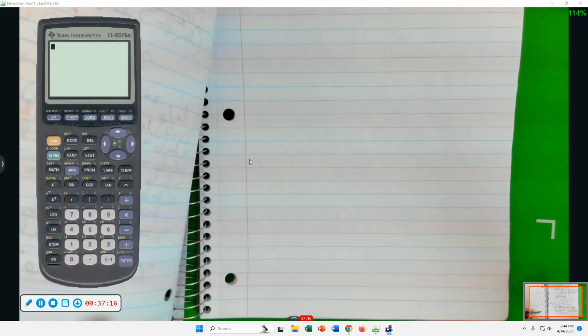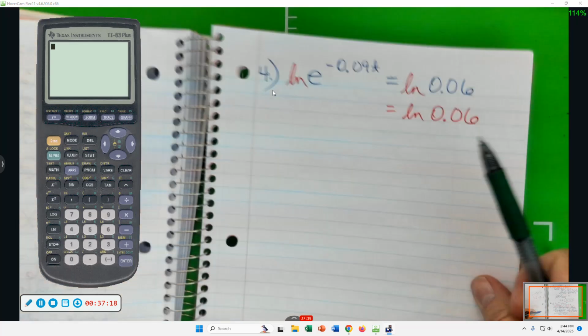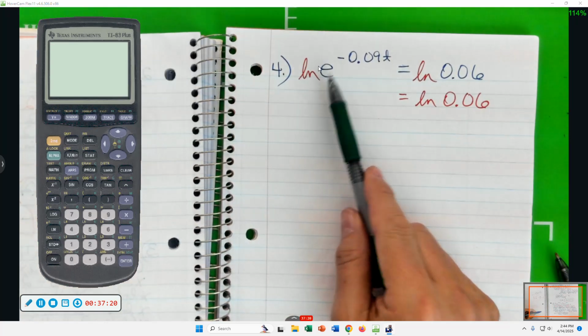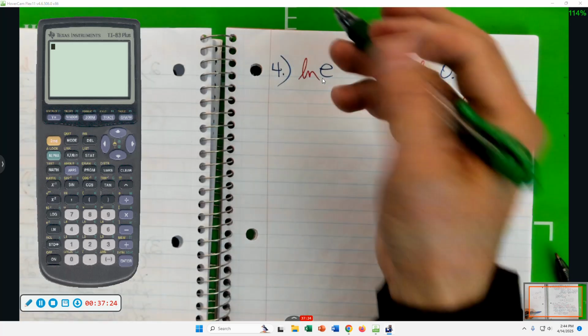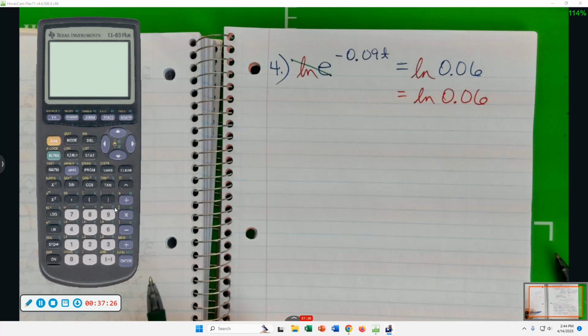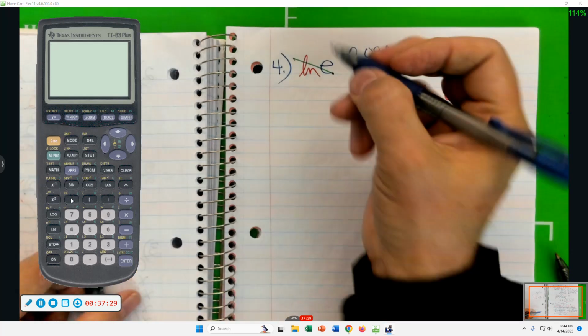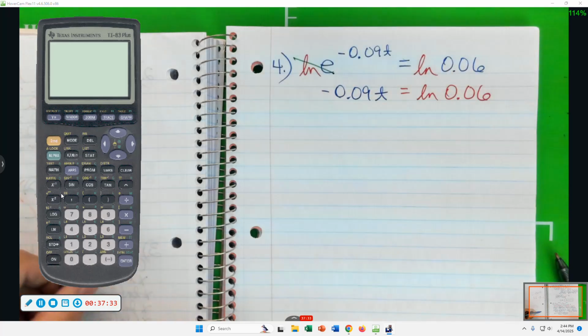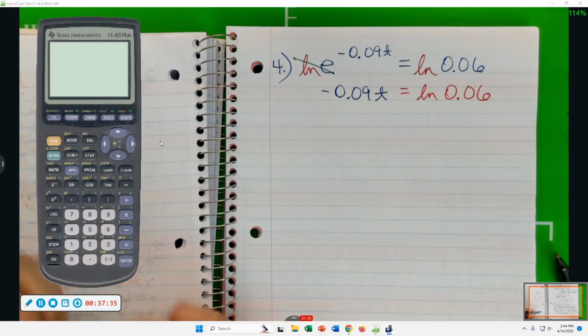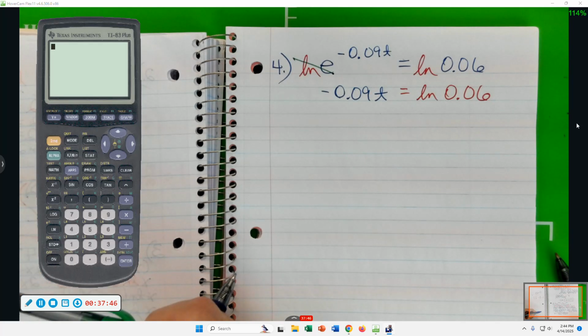They cancel themselves out. So on this left side, we're not going to be bringing down that exponent using the power rule. We're going to cancel out those inverse functions, and that leaves us with just a negative 0.09t. Now, if you'd used LOG on this, they wouldn't have canceled out. Another reason to use ln when solving exponential equations, not LOG.